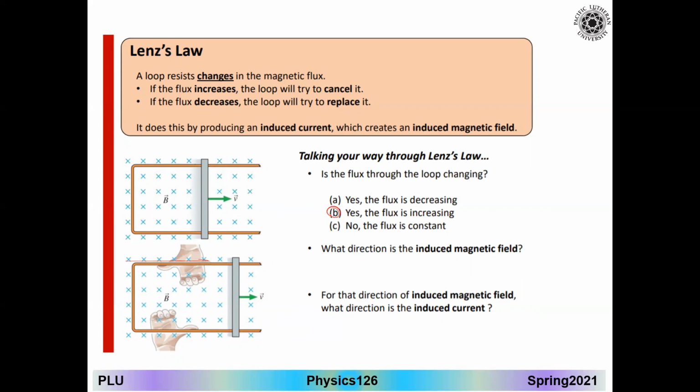When we have increased flux, according to Lenz's law, I am in this case. What will the loop do? It will try to cancel that increase. How? We have the magnetic field pointing into the page, so we generate a magnetic field pointing out of the page, just to cancel that increase, not to cancel the entire magnetic field.